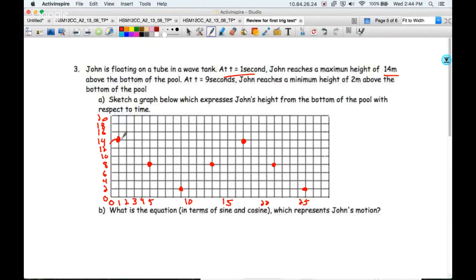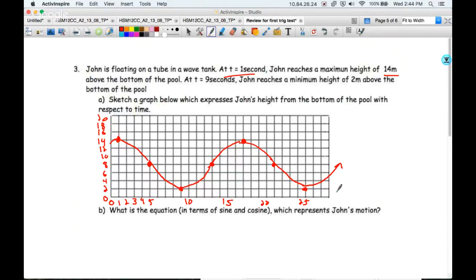We want to give it a nice wave-like look. So John's motion actually looks a lot like the waves of the wave pool. Crazy how that works. And there we go. All right, it's a pretty good sketch.